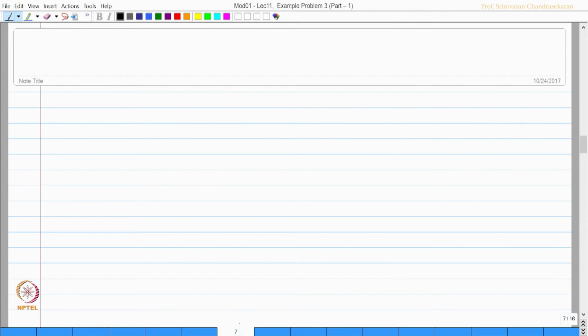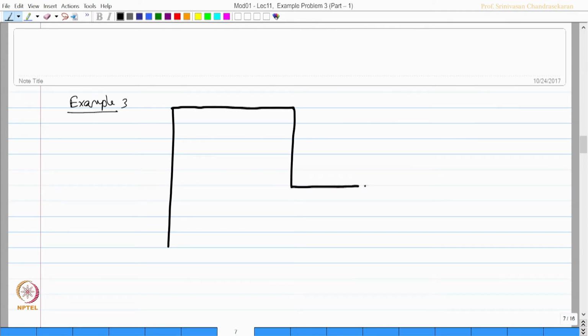Let us apply this to another problem. In fact, we will not solve this problem, but we will see how the solution can be obtained. So, this is example 3, which is a slightly complicated problem. Let us say I have a frame like this, which is fixed at both the ends.